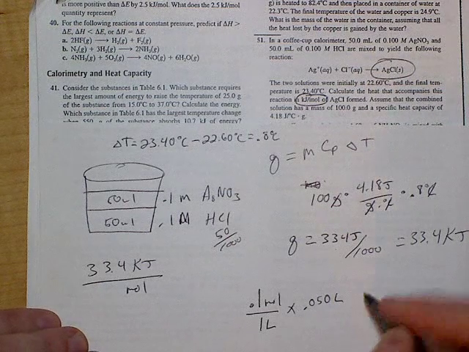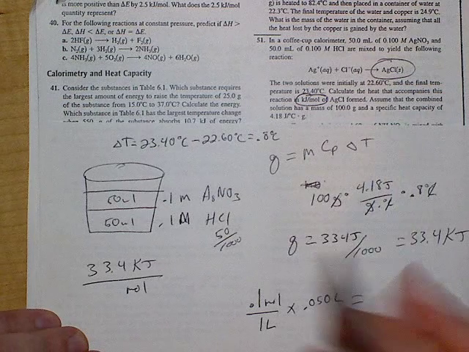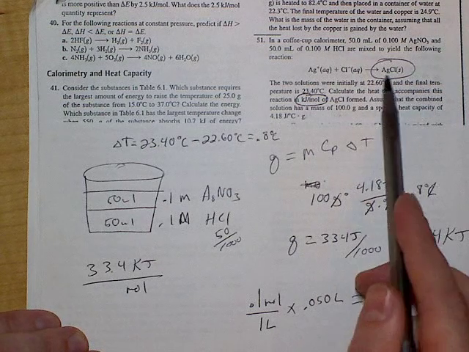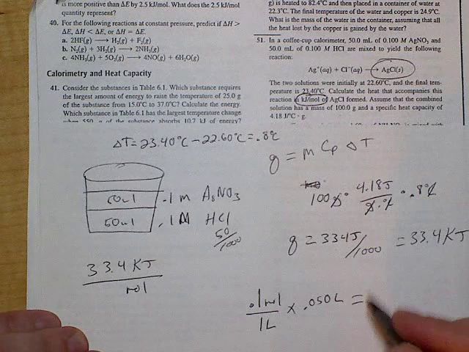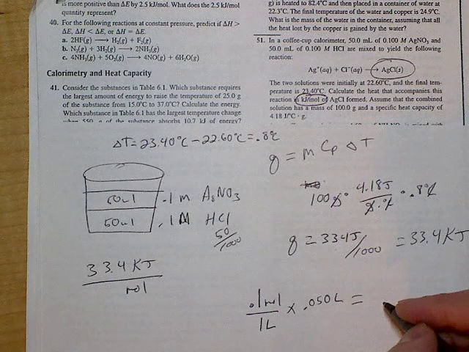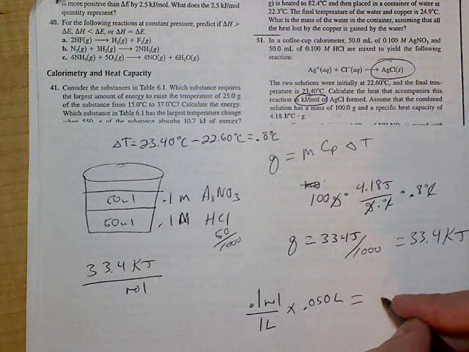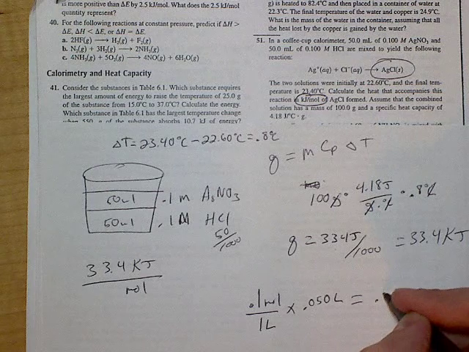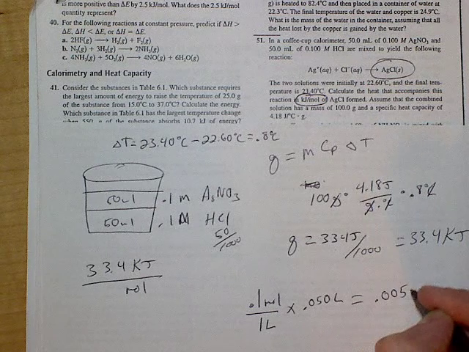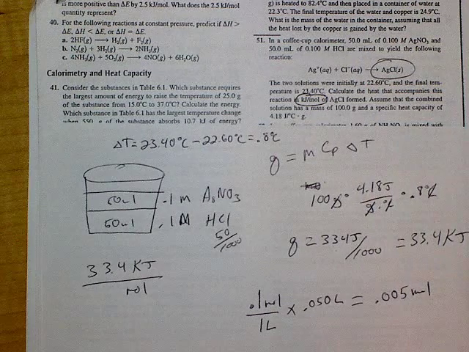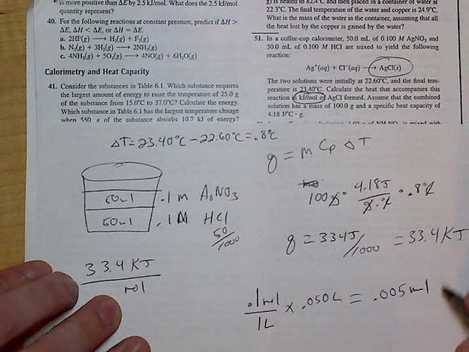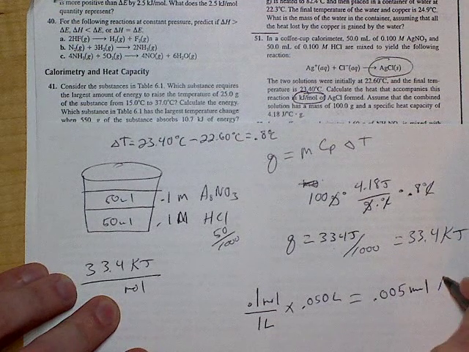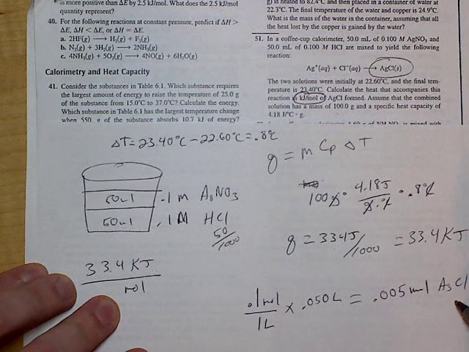That gets us the number of moles of products that I'm going to have at the end here. So when I do that, I end up getting 0.005 moles, and that's going to be of AgCl, or it would be Ag, or it would be Cl.